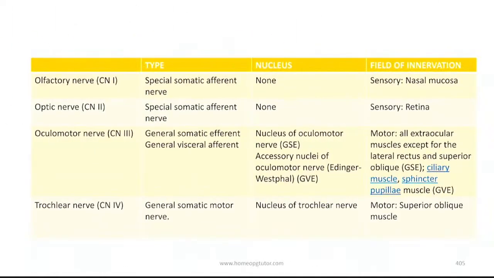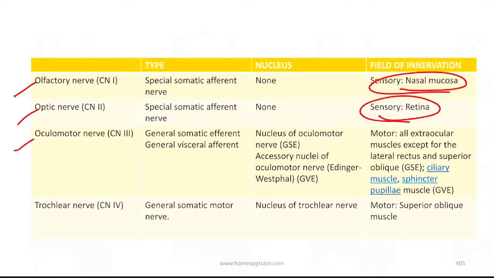See, till now whatever we have mentioned, I have just put it into the boxes over here. Olfactory nerve, it is sensory, it takes an innervation on the sensory nasal mucosa. Optic nerve, it is via the retina. Oculomotor nerve gives off motor supply and the parasympathetic supply.